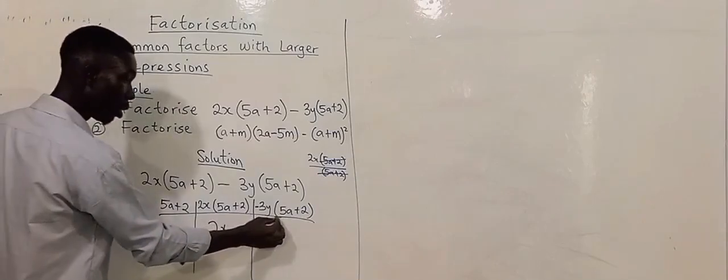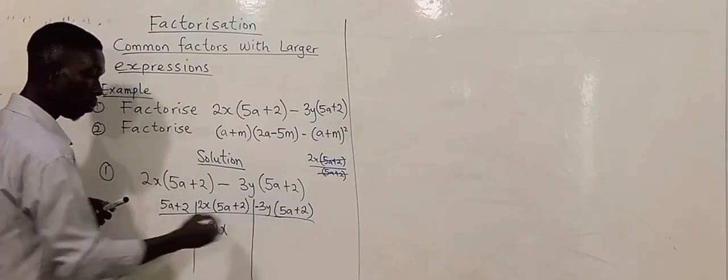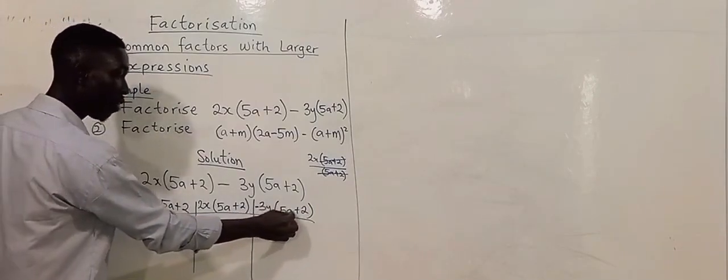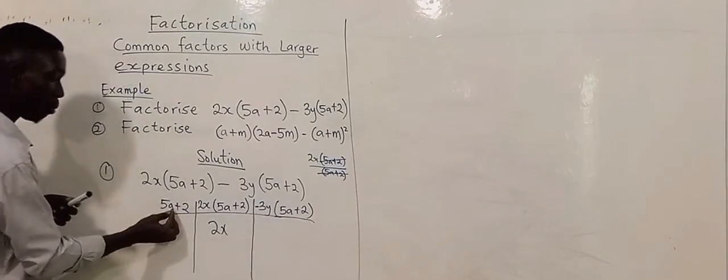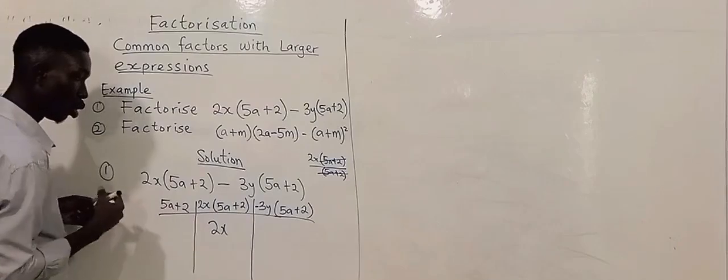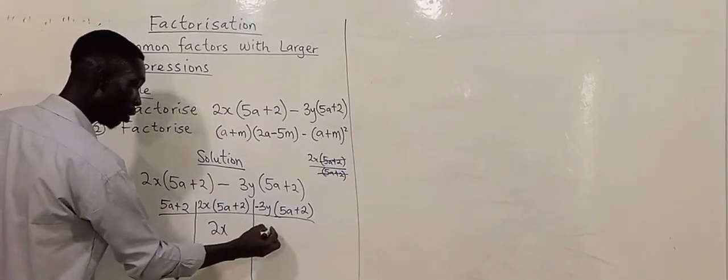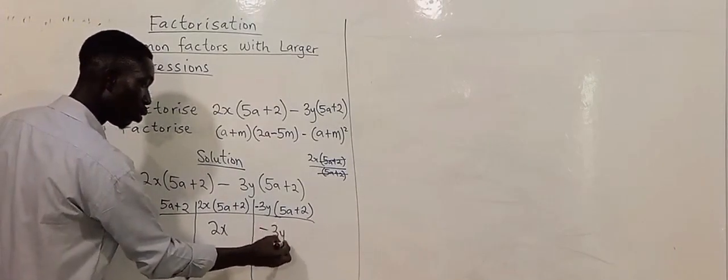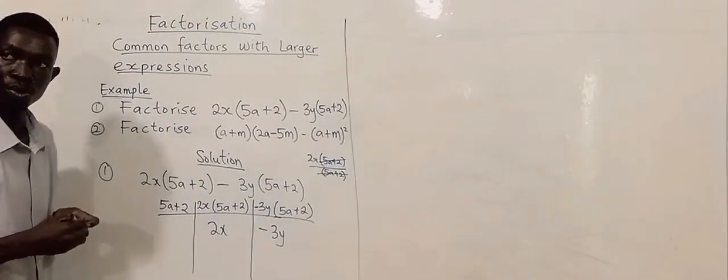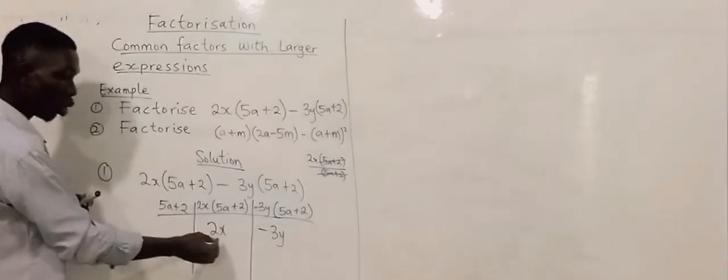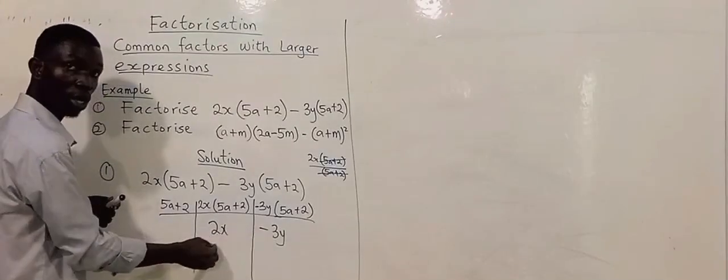And then when you do the same for minus 3y into 5a plus 2 divided by 5a plus 2, we'll be left with minus 3y. Now we look at the remaining algebraic terms.